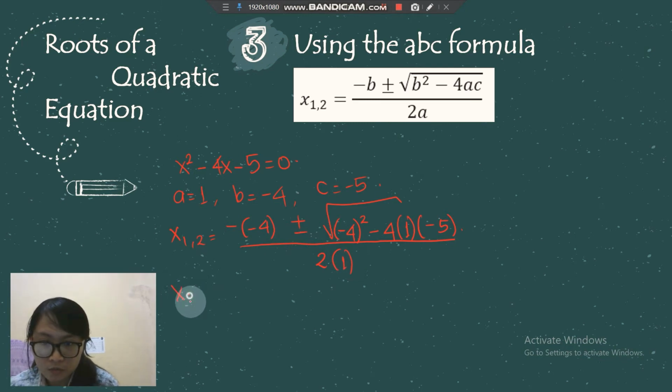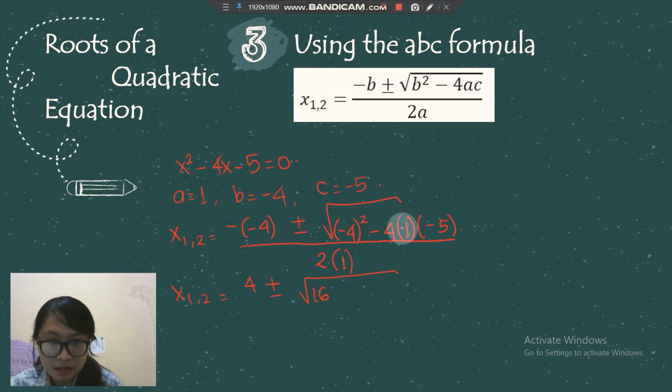So x1,2 equals 4 plus minus square root of minus 4 squared is 16, and minus 4 dot minus 5 equals 20, divided by 2.